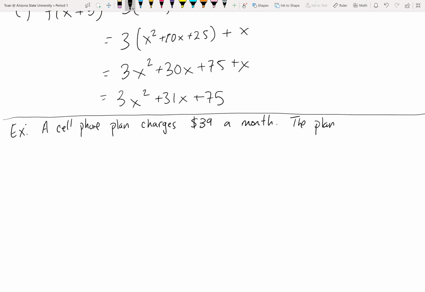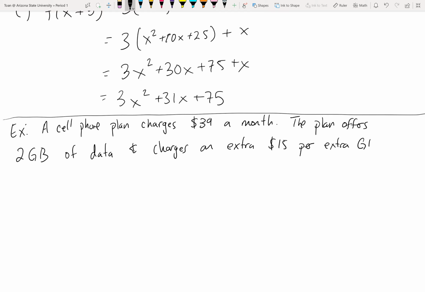The plan offers 2 gigabytes of data and charges an extra 15 per extra gigabyte.